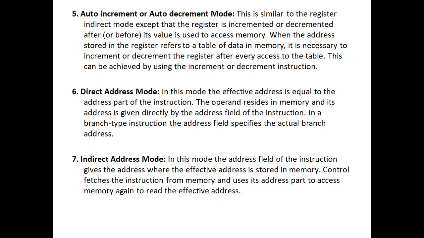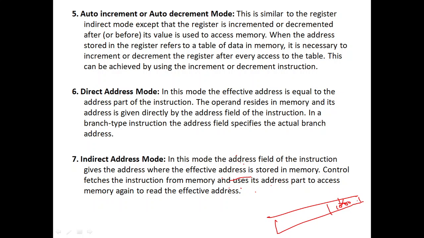Next one is direct addressing mode. In this mode, the effective address is equal to the address part of the instruction. The operand resides in memory and its address is given directly in the address field. So here the operand address is 1000.